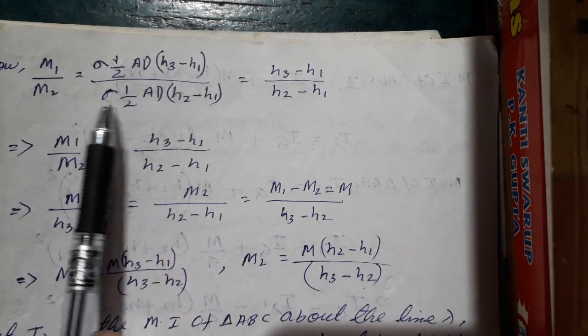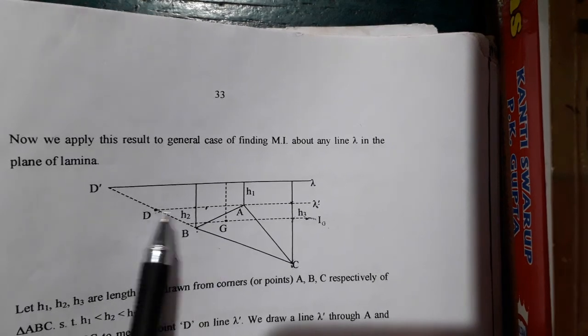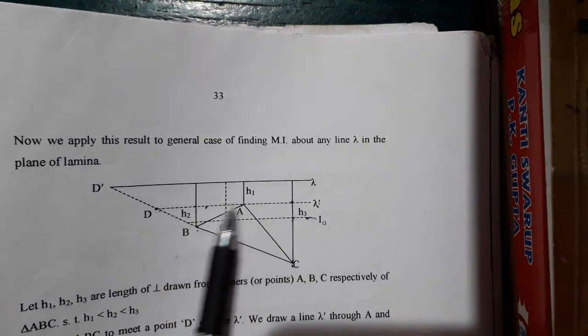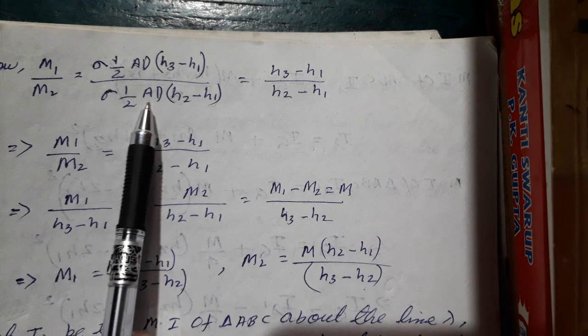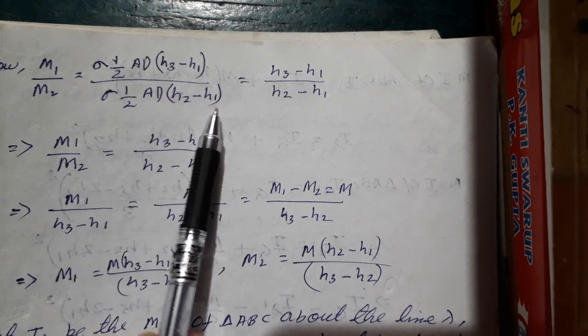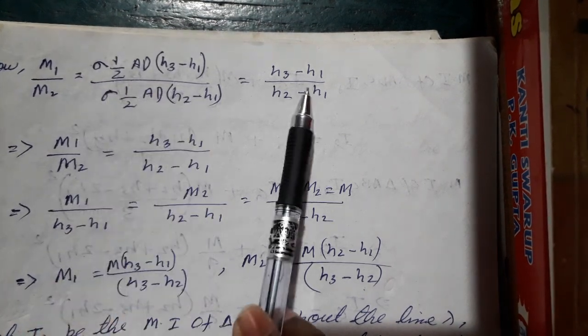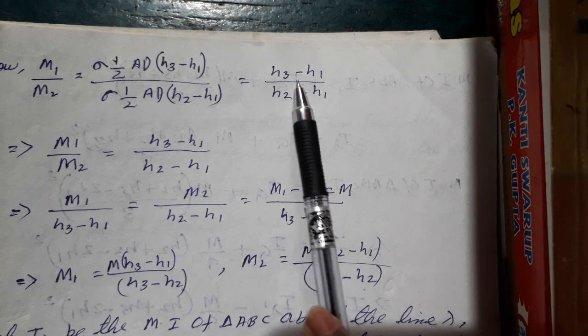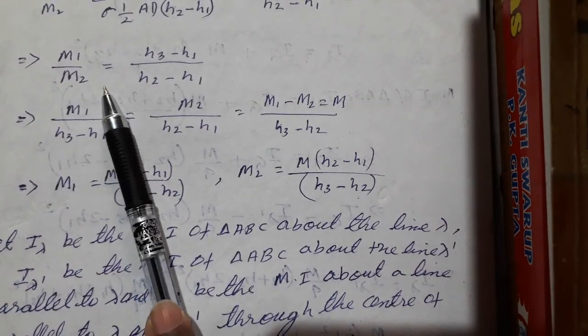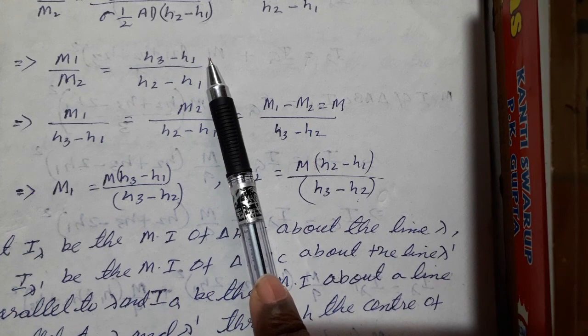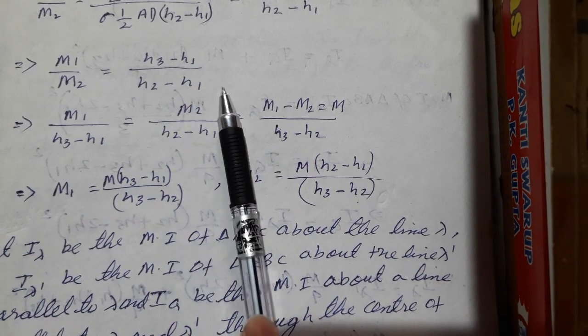In the same way for triangle ABD, the base is AD and the height is h2 minus h1, so we get density half into AD, h2 minus h1. This and this get cancelled. We get M1 by M2 equal to h3 minus h1 divided by h2 minus h1.